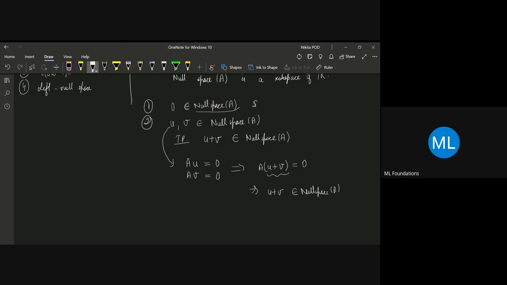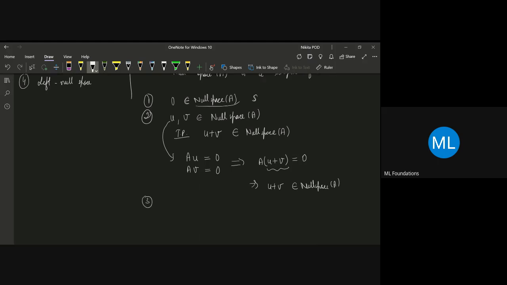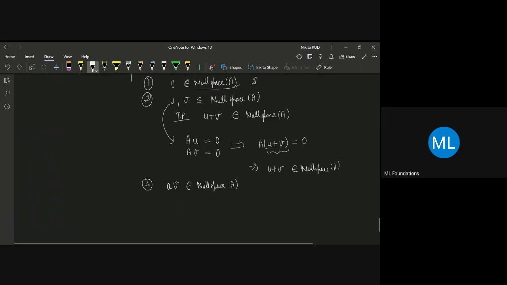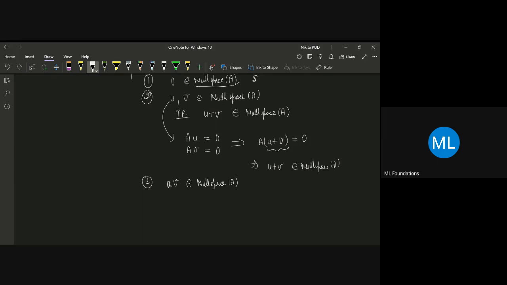Similarly, the third property also is satisfied. So what is the third property? If I have a scalar a and v is coming from the null space of A, then av should also belong to the null space of A. So use the same property. v belongs to the null space of A means what?